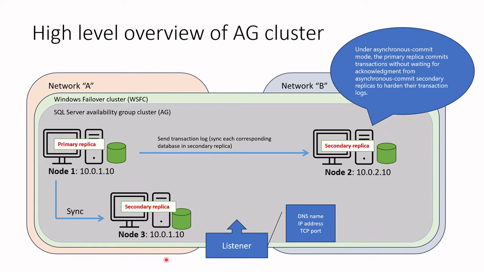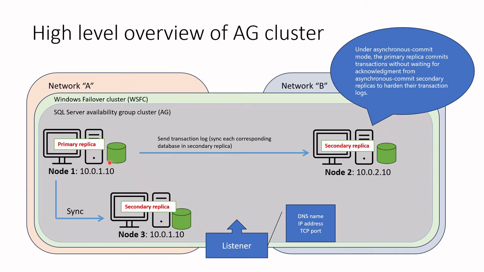Under asynchronous-commit mode, the primary replica commits transactions without waiting for acknowledgement from the asynchronous-commit secondary replica. For example, let's set node 2 as an asynchronous replica. Suppose a client connected to the listener did some update statements and commits the transaction.